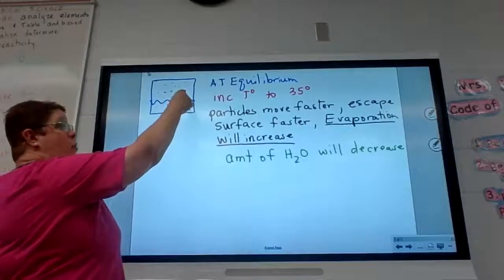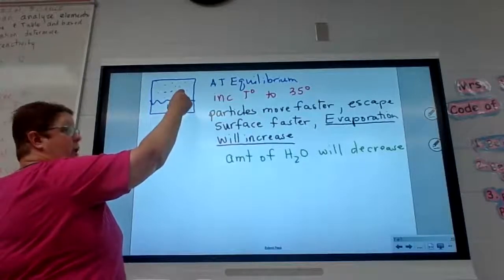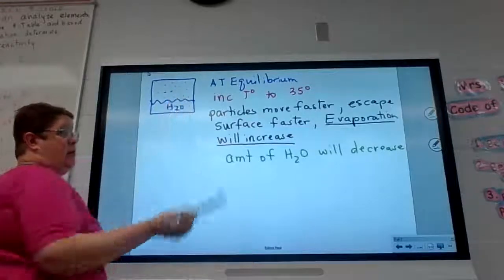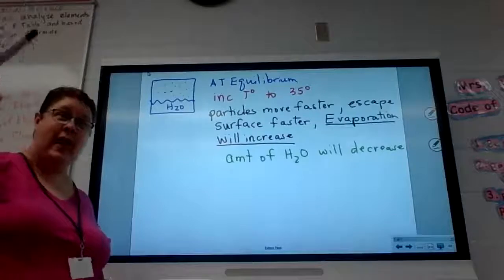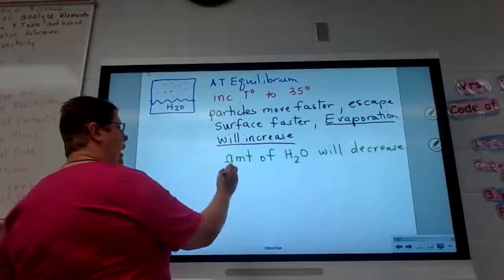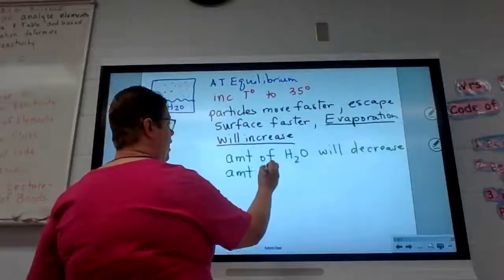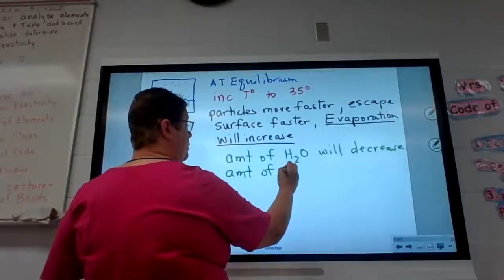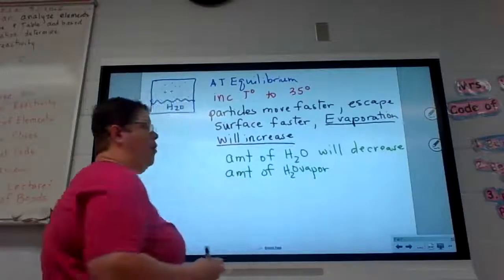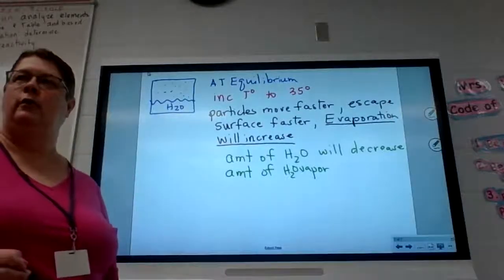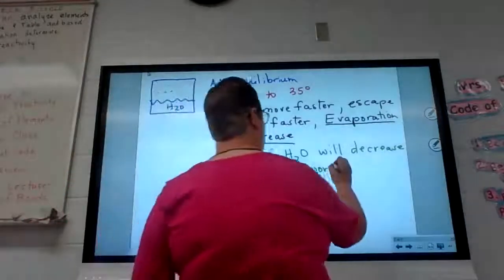If we evaporate more, the liquid part has to do what? It has to go down, because it changed into gas. So what will happen to our amount of steam or gas? Our amount of water vapor will increase.